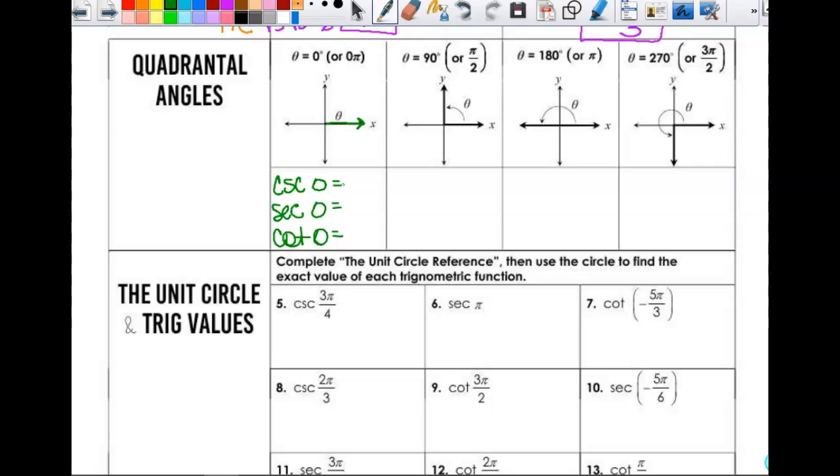So cosecant, and this ordered pair right here, this is 1, 0. Make sure you get your x's and y's in the right place. So cosecant is the reciprocal of sine. The sine of 0 is 0. The reciprocal of 0 is undefined.